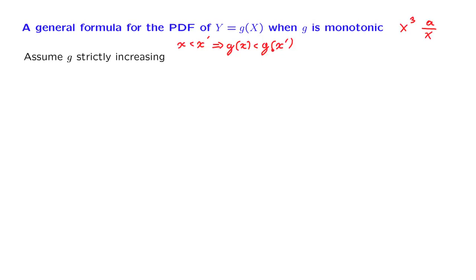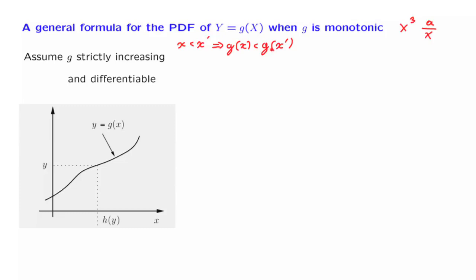To keep things simple, we will also assume that the function g is smooth, in particular that it is differentiable. Then we have a diagram such as this one. Here is x, and y is given by a function of x. It's a smooth function, and that function keeps increasing.